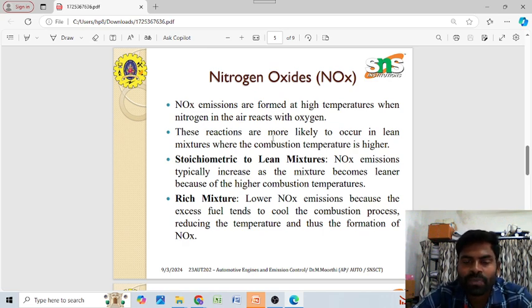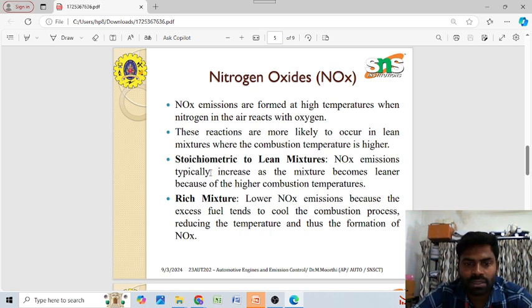In the lean mixture, the air fuel ratio is higher than 14.7 to 1, where a higher part of air is available and, compared to air, a lesser quantity of fuel is present in the mixture. So the higher quantity of air supplies enough oxygen for complete combustion inside the combustion chamber, and with that complete combustion the temperature of the chamber increases, so that it gives a higher amount of nitrogen oxide to the exhaust.